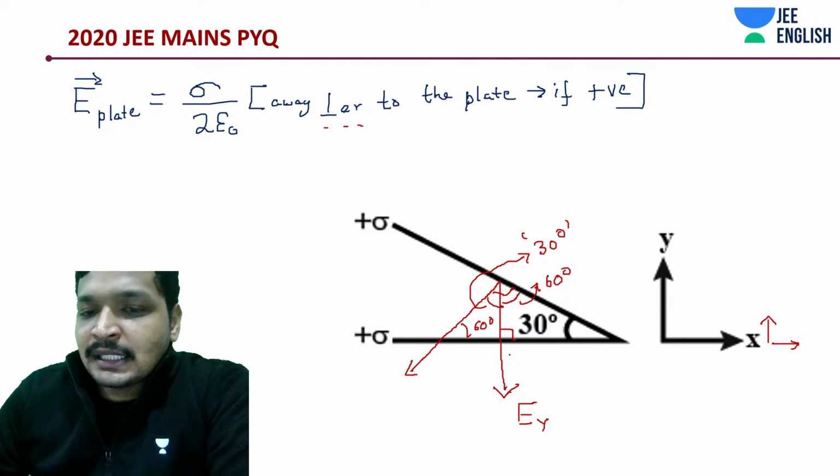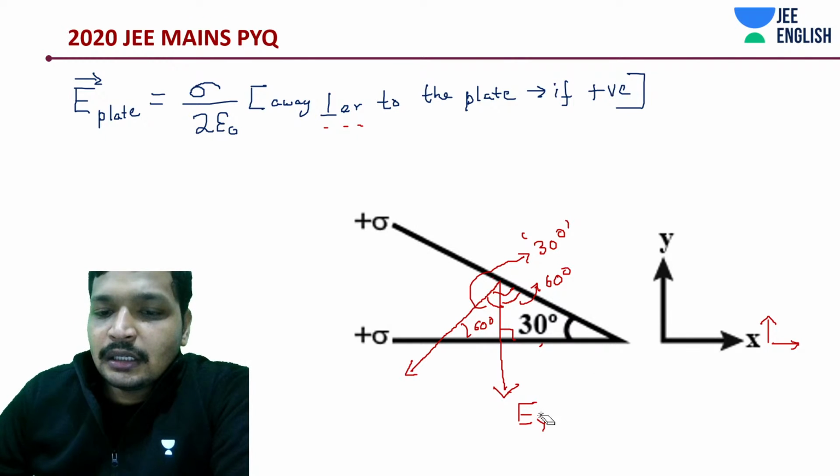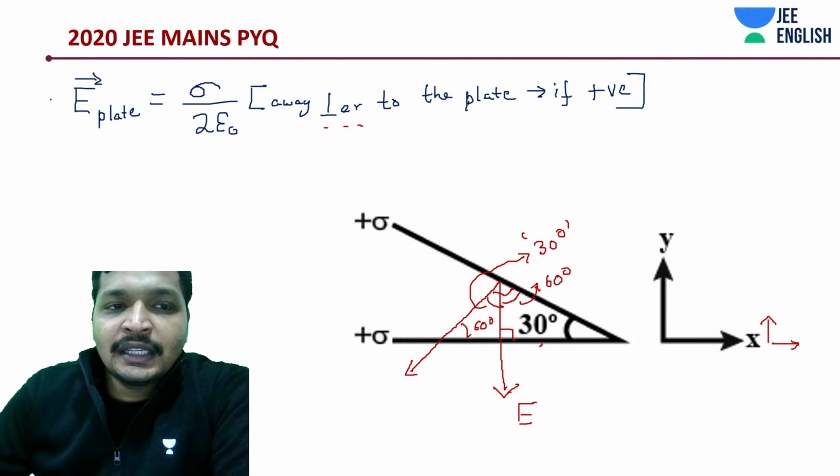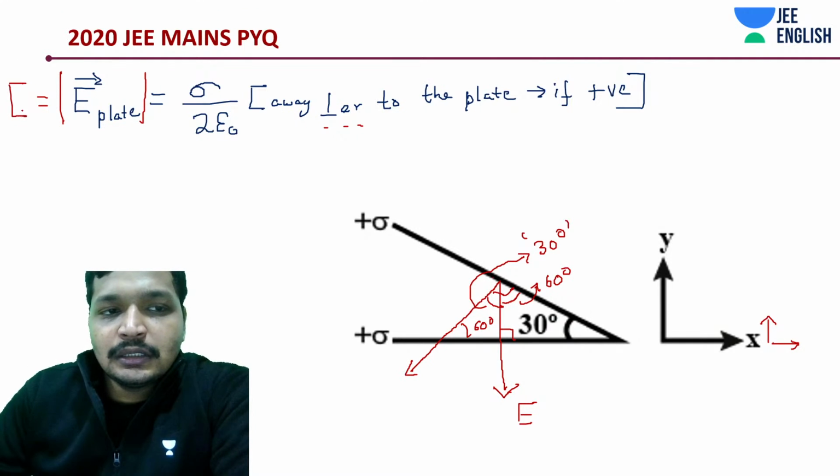So how much is this component going to be? This is going to be E. Let's take this to be E. The magnitude, I'm going to call this E, not with the direction. Anyway, this is still the magnitude, right? Okay, let's keep it as E. And this is going to be how much?